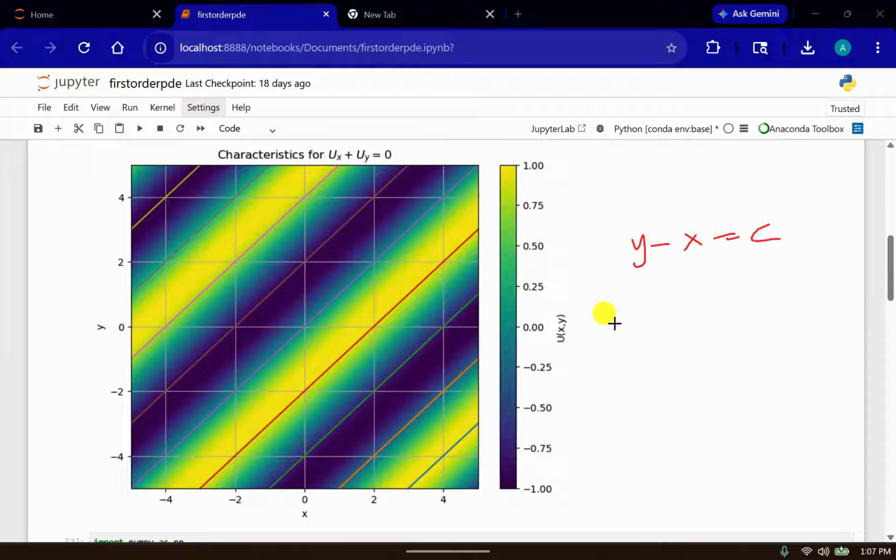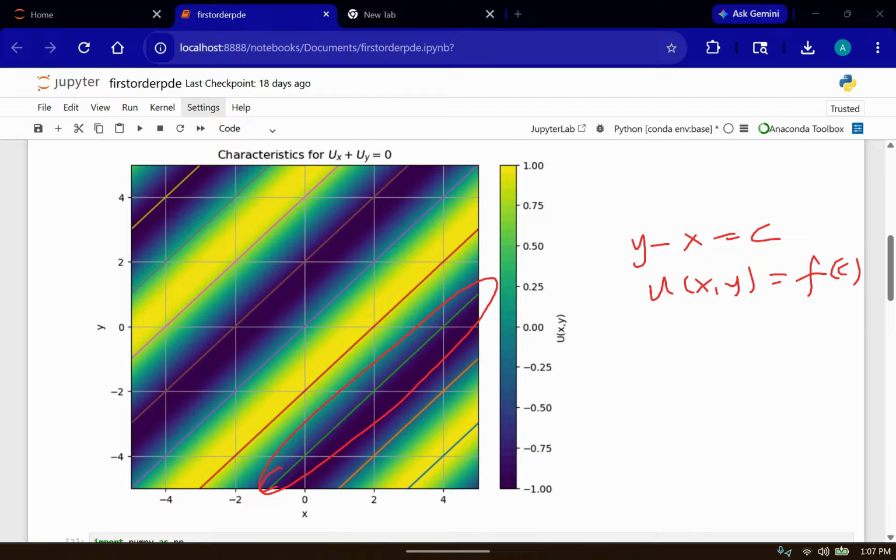So the solution doesn't change, because the solution u of x, y is a function of c. Remember, it was a function of y minus x, and y minus x is just constant. So if you pick this green straight line, the color along that green line is the same thing. So the solution doesn't change. That is what it means.